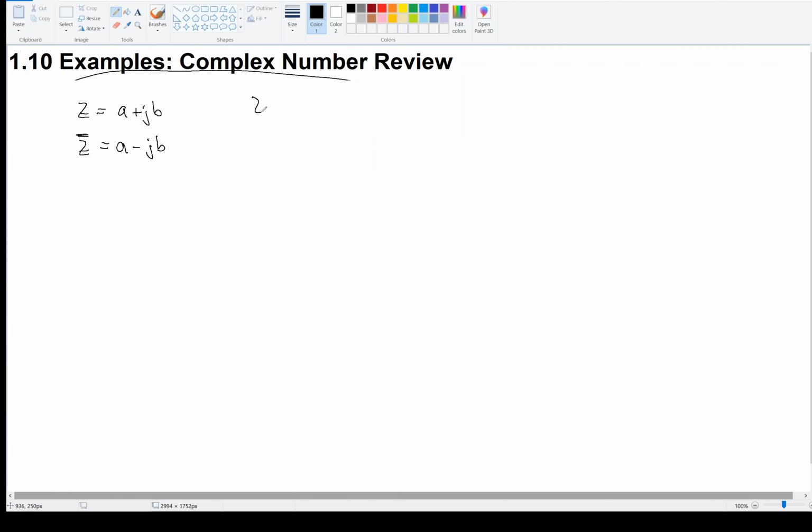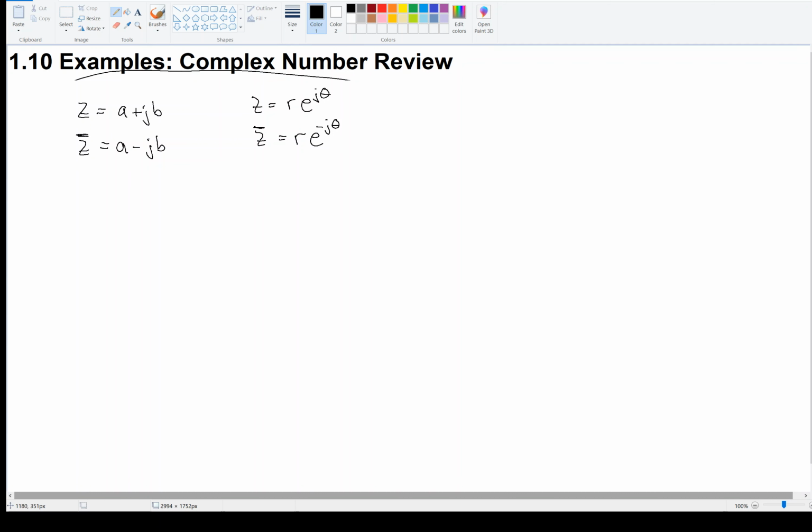Or if our complex number was in exponential form, the complex conjugate does not change the magnitude, it changes the phase, by negating the phase. So all you have to do is replace the j with minus j. So either one of these is okay. This is rectangular form, the complex conjugate, and this is exponential form, complex conjugate.